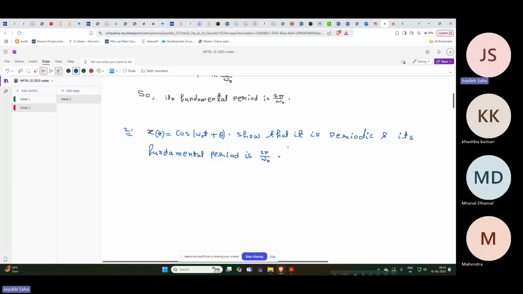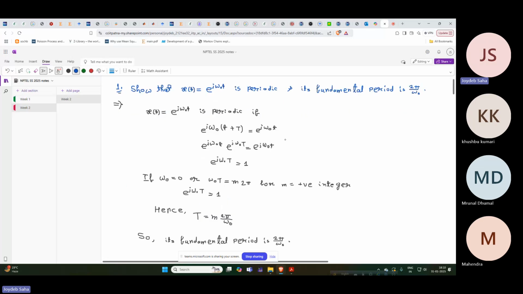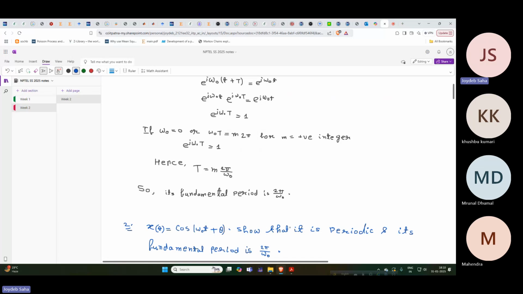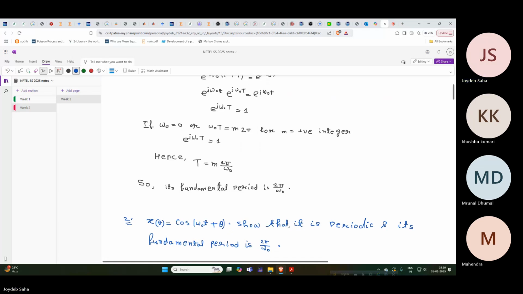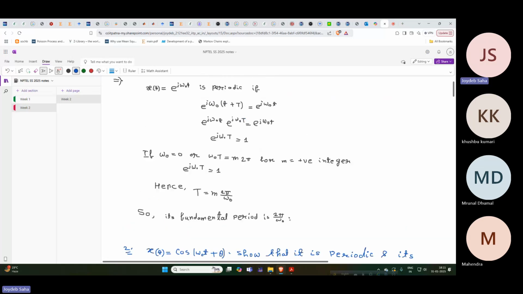So you people please see the answer of this question and try to solve this one. The question is x(t) is equal to cos(omega 0 t plus theta), show that it is periodic and its fundamental period is 2 pi by omega 0. Please take 2-3 minutes and try to solve.